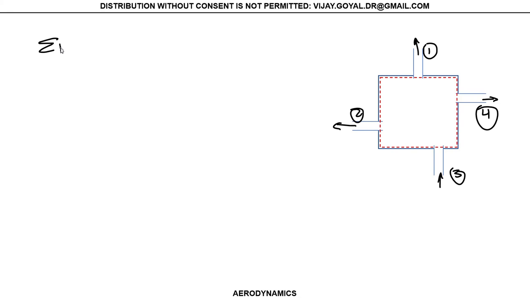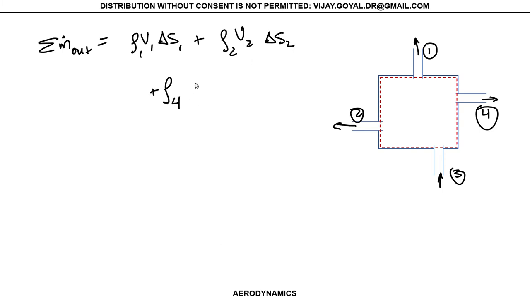So the summation of everything that goes out is rho 1 v1 delta s1 plus rho 2 v2 delta s2 plus rho 4 v4 delta s4, and then the summation of all the mass that goes in is rho 3 v3 delta s3. Okay, so this is what you have in the problem.